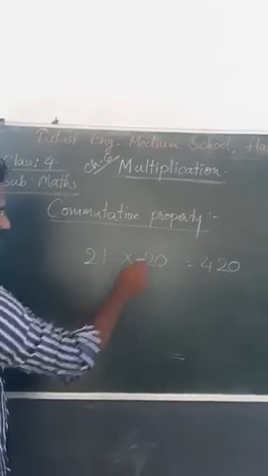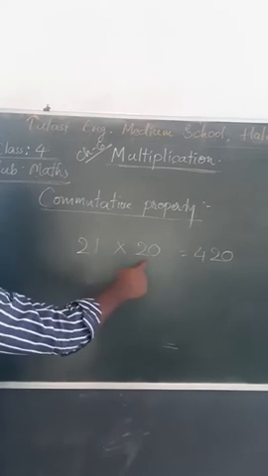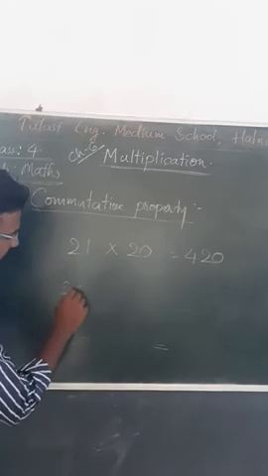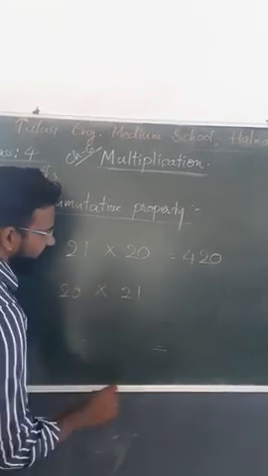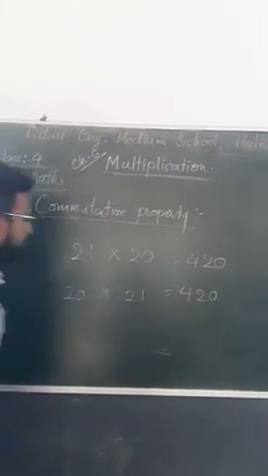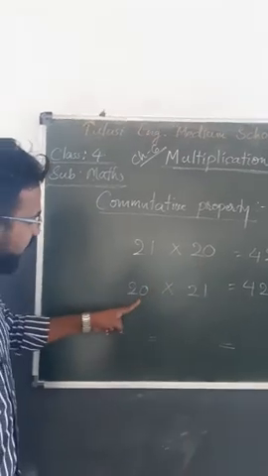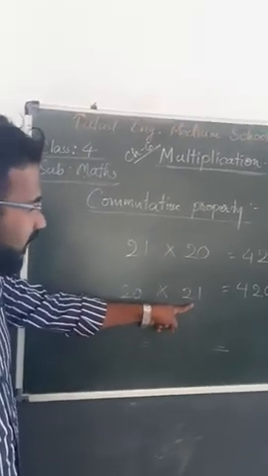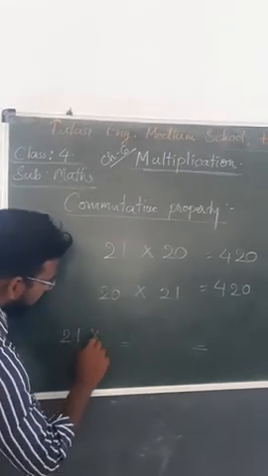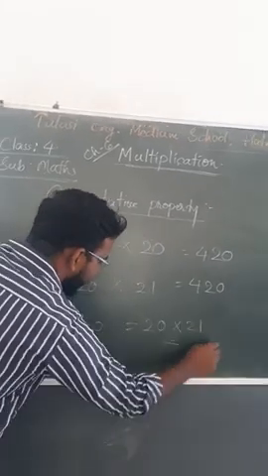Easy: 2 and this 2, 2 2s are 4, and this 0 we can add. 21 into 20 is equal to 420. 20 into 21 is also 420. So 21 into 20 is equal to 20 into 21.